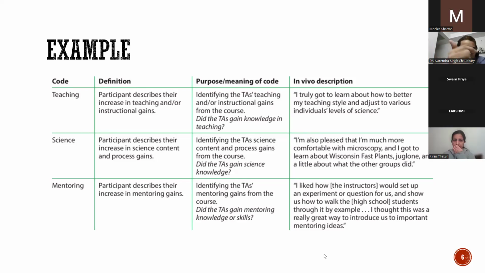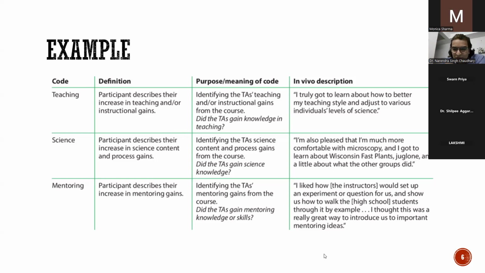Now, if I talk about the in vivo description part, what is this? See, description is basically how a participant is describing his or her experience. For example, participants describe their increase in science content and process gains. This is some example which I'm talking about. As you can see, an in vivo description is given. That means a statement given by the respondent during the interview.